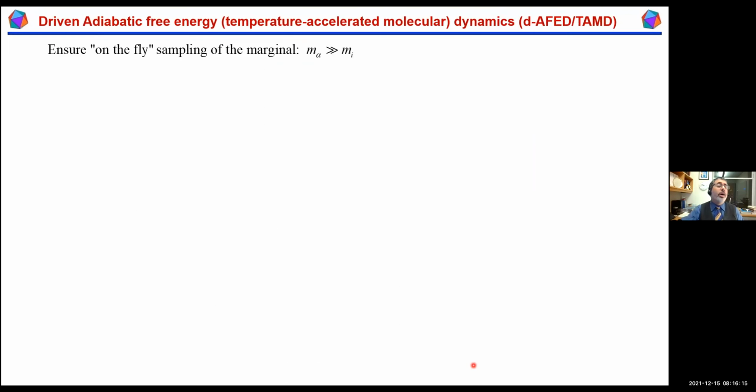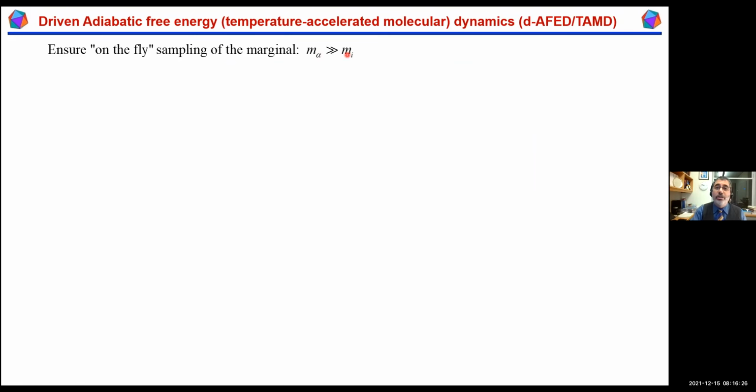And the most important one is an adiabatic decoupling between the fictitious variables and the physical variables. You want to make these S's very heavy compared to your physical variables. Now that will sample the marginal, but it will do so very inefficiently.